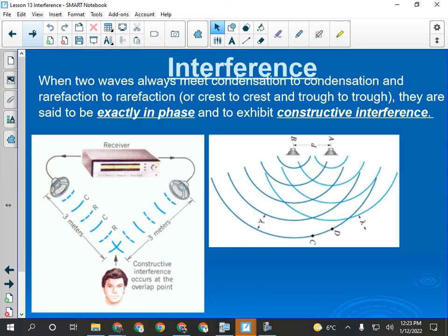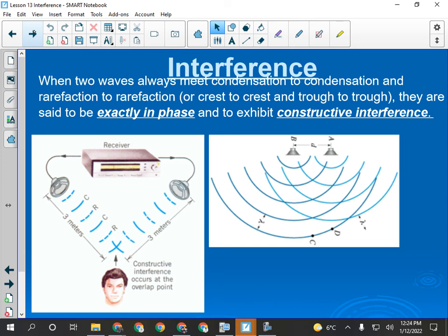When I'm standing here, I'm going to hear a sound that's louder than that, because these two waves are meeting together and interfering constructively, making the amplitude double. So standing in that position, I would hear a louder sound than the speakers are actually making, which means I'm getting free amplification at that location. Everyone okay with that idea?